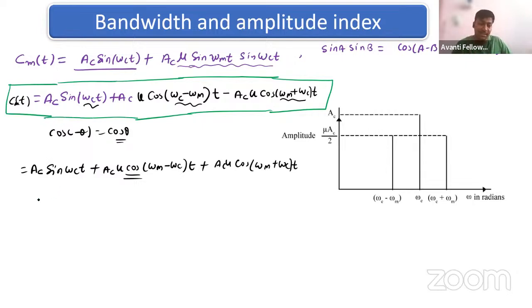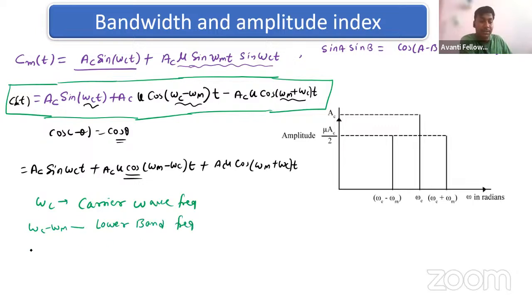Here, omega c is the carrier wave frequency, and omega c minus omega m will be the lower band frequency. Omega c plus omega m will be the higher band frequency. In this case, the message wave frequency will be omega m.